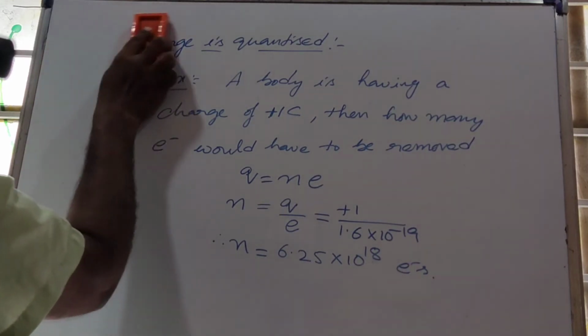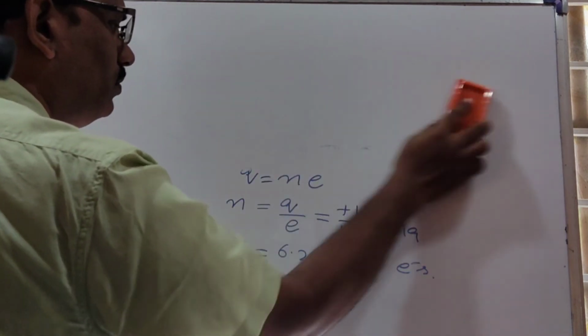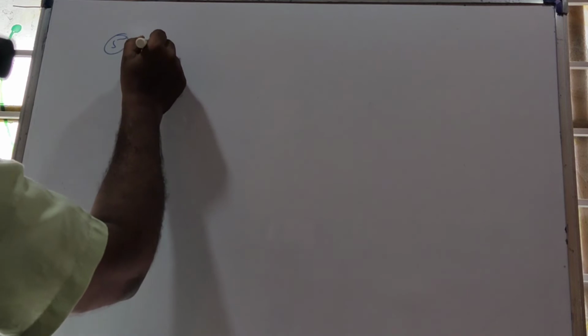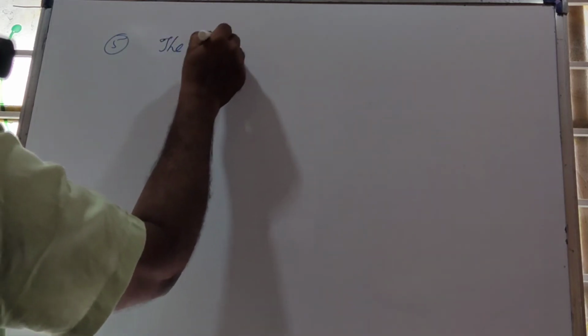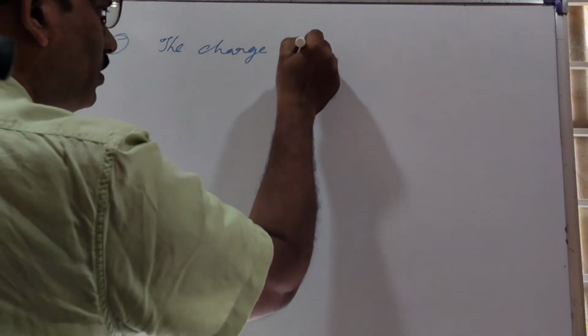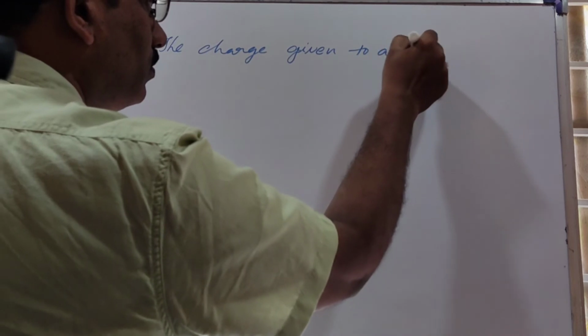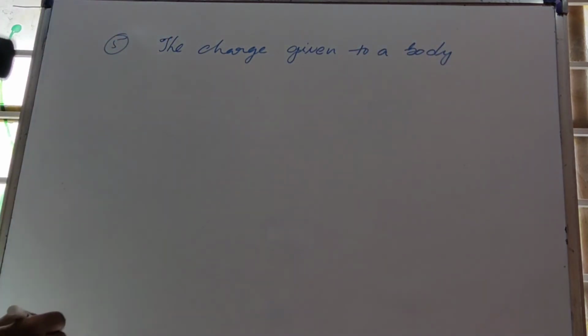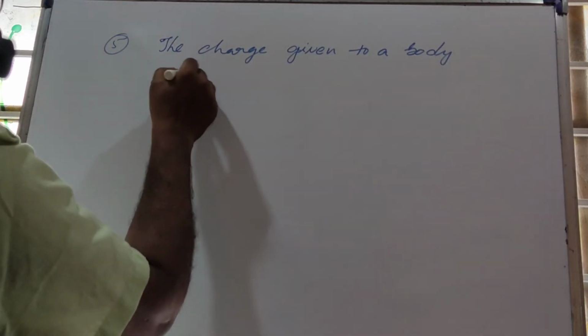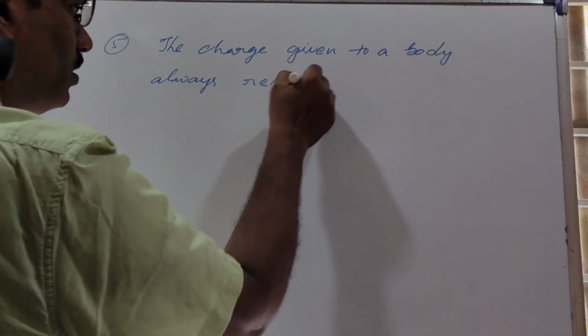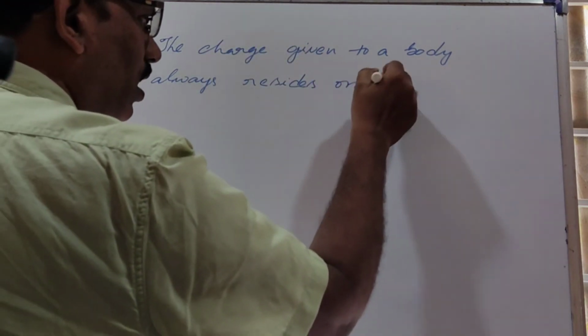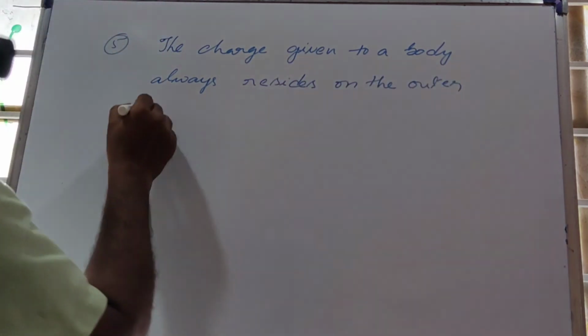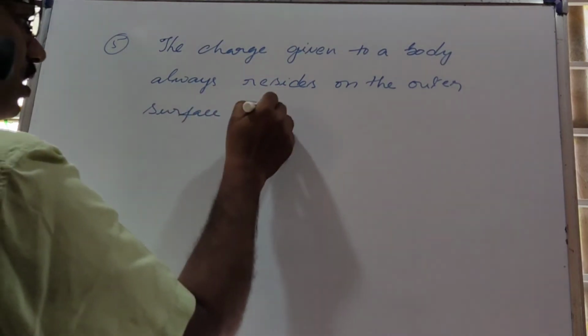Okay, next one. Next, fifth one. The charge given to a body always resides on the outer surface of the body.